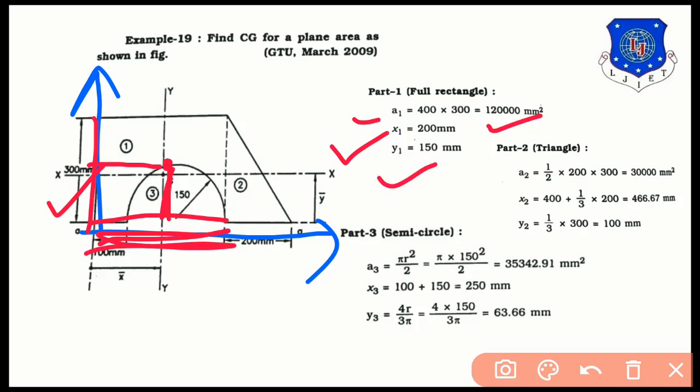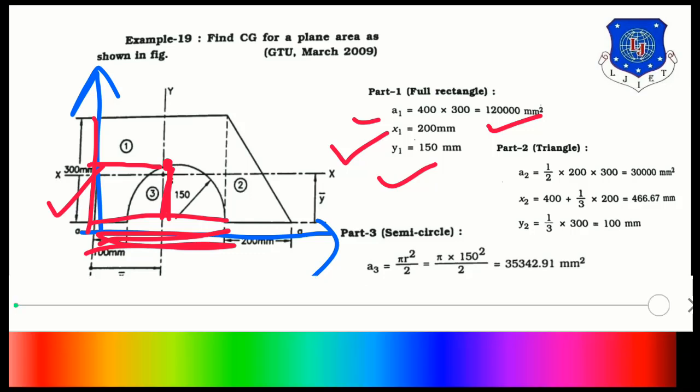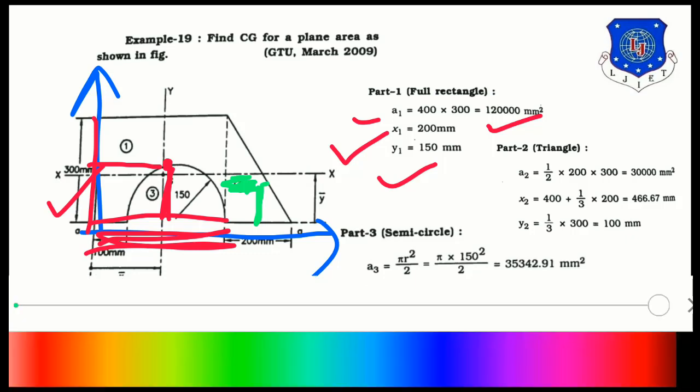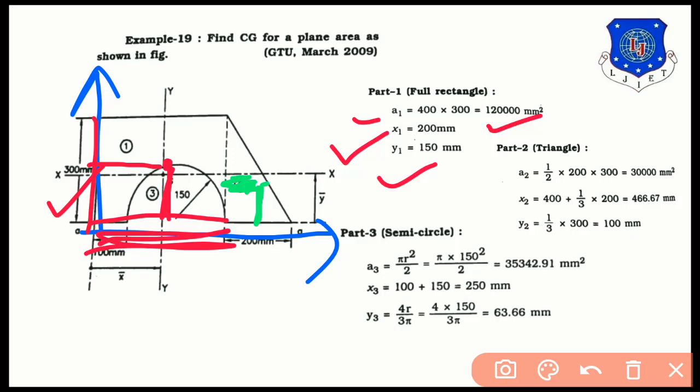Now let us check part 2. Part 2 is a right angled triangle. So its CG will be somewhere over here. Horizontally b by 3 from the height and vertically h by 3 from the base. But we have to calculate it from the x-axis and y-axis. Let us check the distance from the y-axis up to the CG.